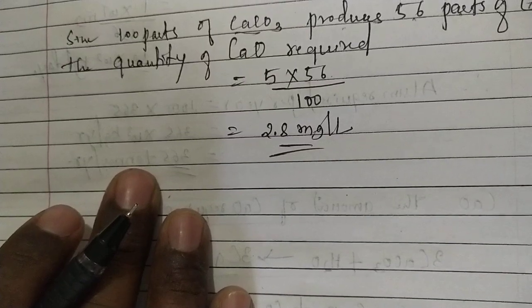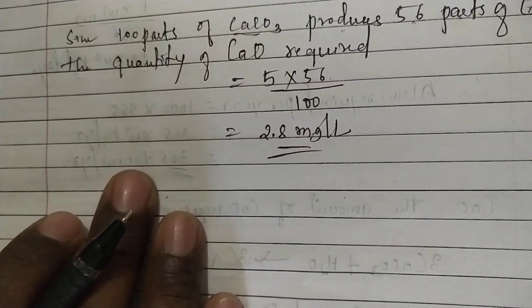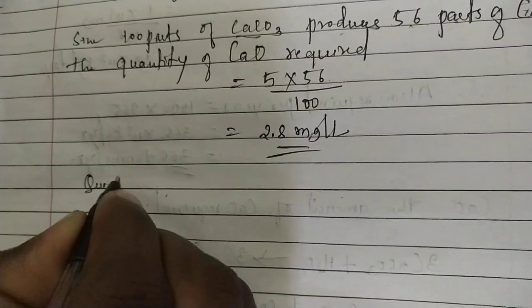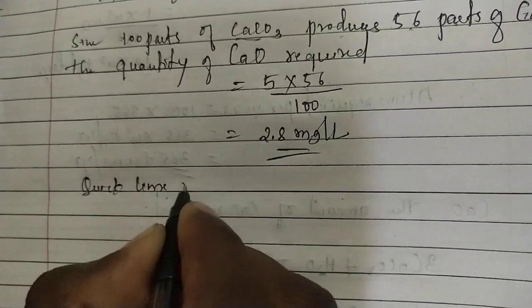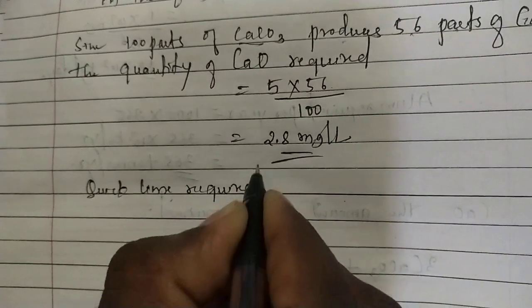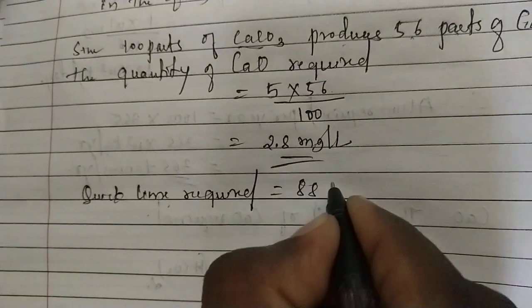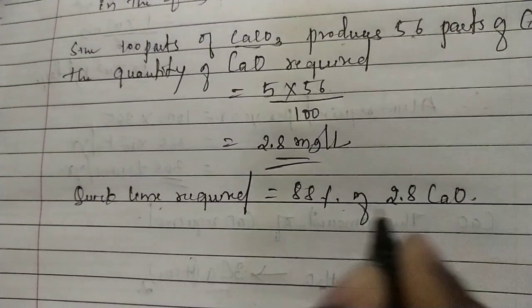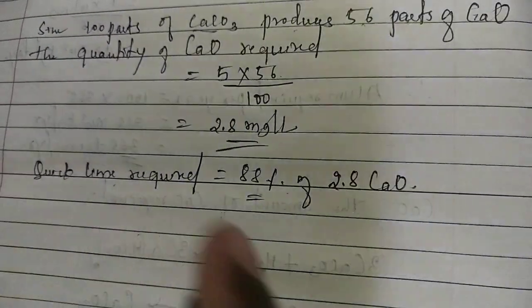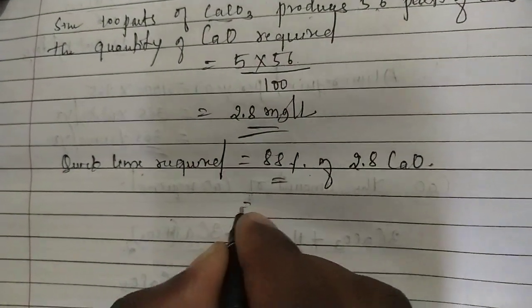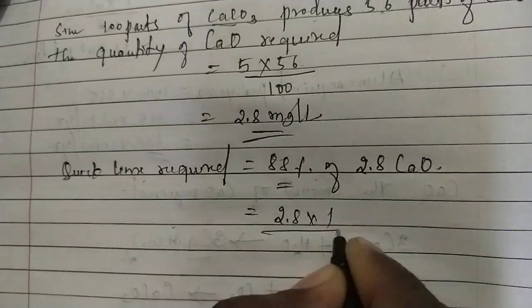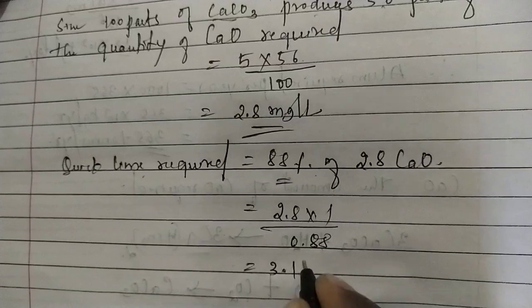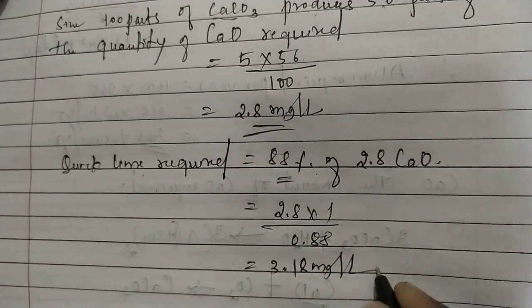So the quicklime required is 2.8 into 1 divided by 0.88, so you will get 3.18 mg per liter.